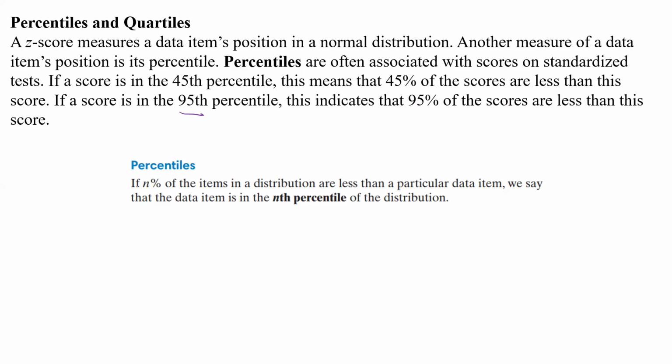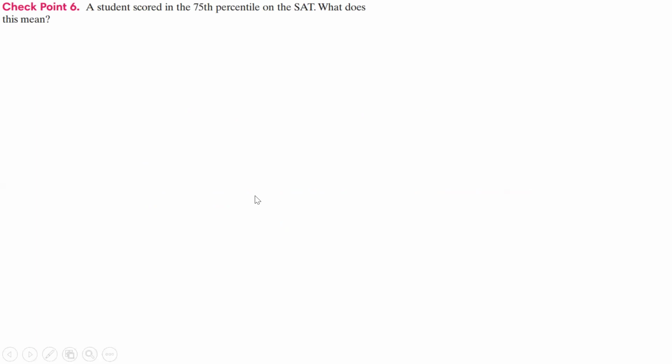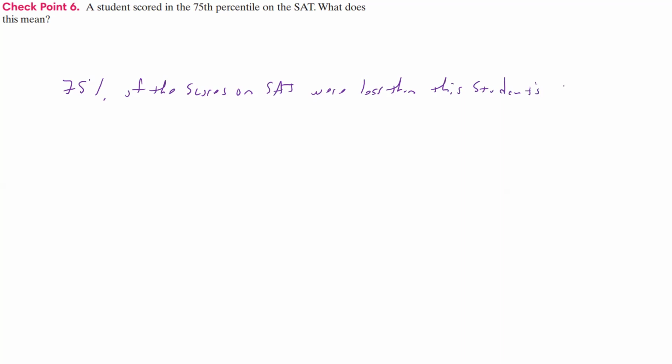For percentiles, if n% of the items in a distribution are less than a particular data item, we say that the data item is in the nth percentile of the distribution. For instance, a student scored in the 75th percentile on the SAT. What does it mean? That means 75% of the scores on the SAT were less than this student's score.